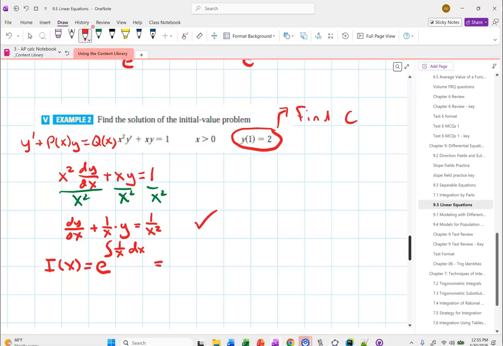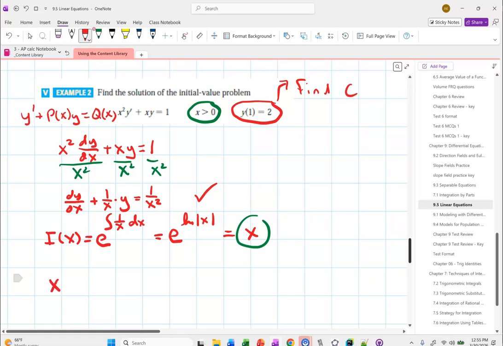What's the integral of 1 over x? Natural log absolute value of x. And notice in this problem that because x is greater than 0, I can drop the absolute value and just call that x. Everybody good with dropping the absolute value there?